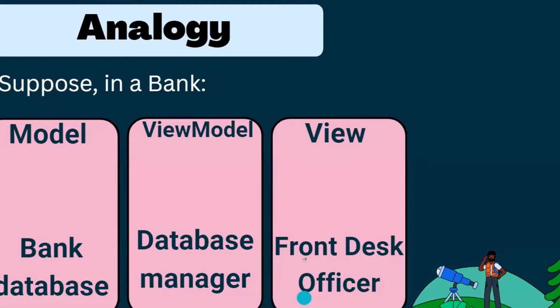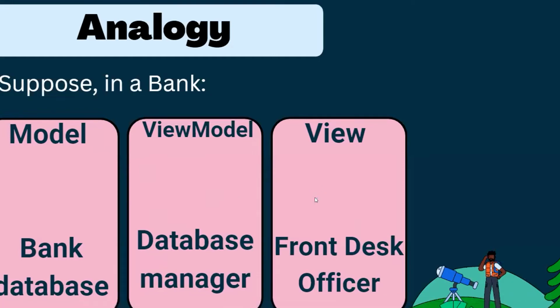Now this front desk officer, of course, is the only one who interacts with the customer, right? This front desk officer has no idea what's stored in the bank database. When a customer enters, he or she obviously won't have access to the database directly or the manager. He or she will interact with the front desk officer.